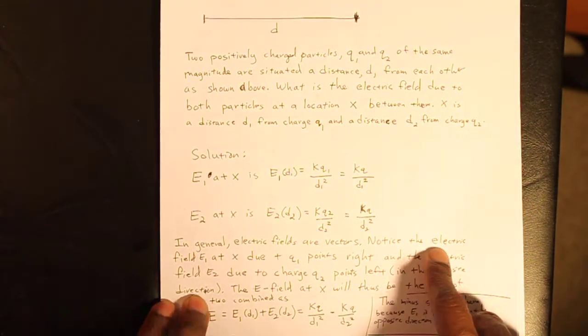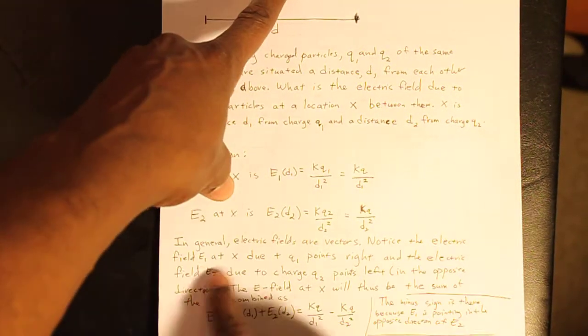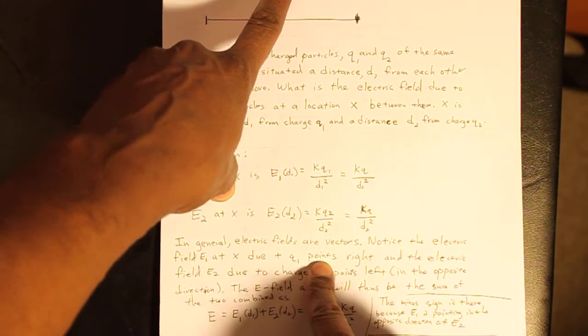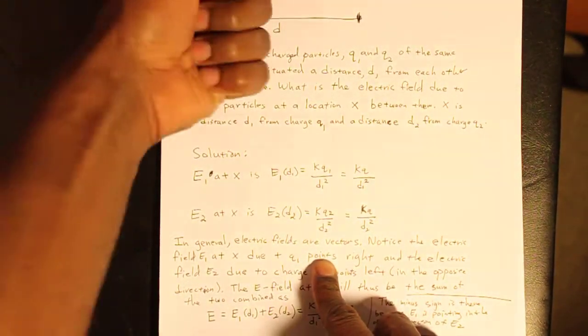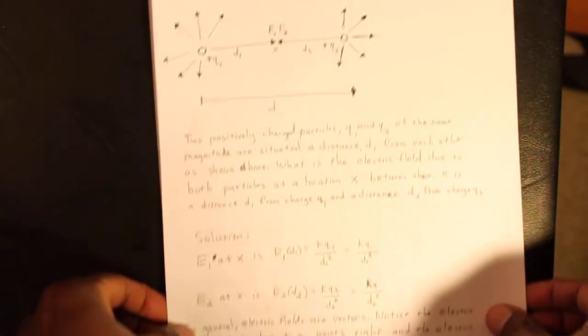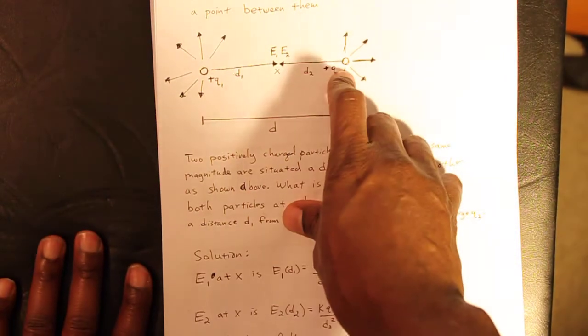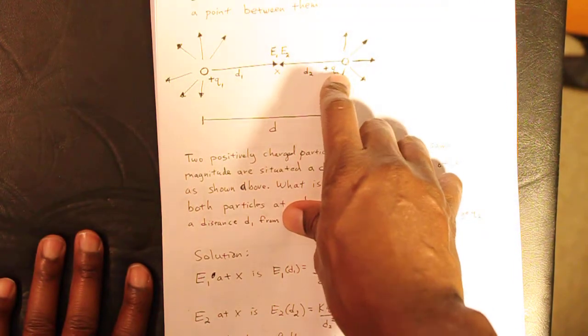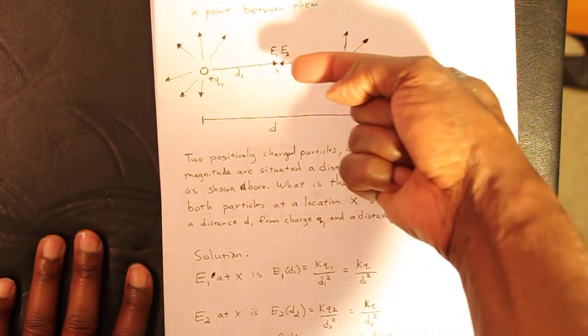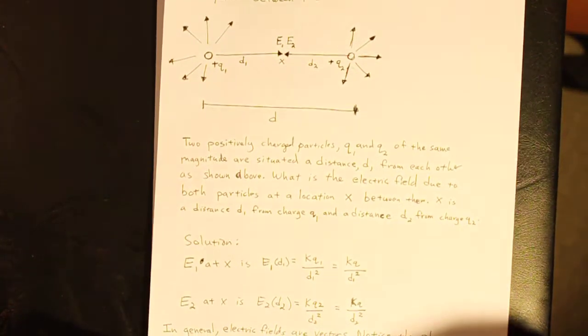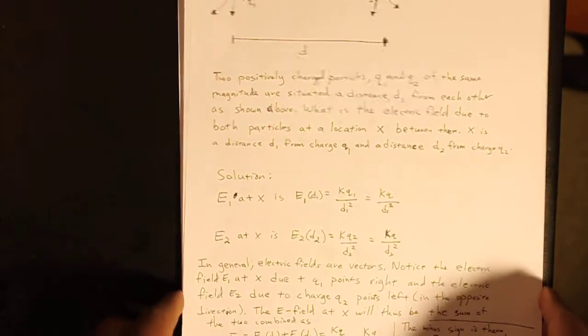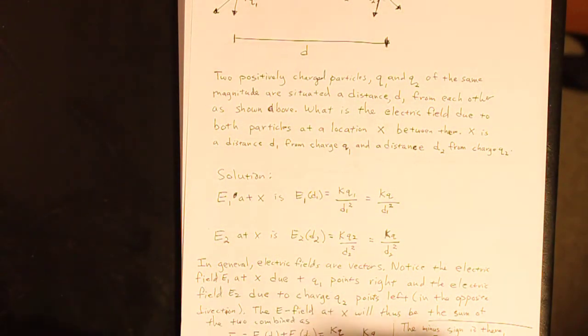Notice how the electric field E1 at X due to Q1 points to the right, and the electric field due to Q2 points to the left. What's going to happen is that they're working against each other.